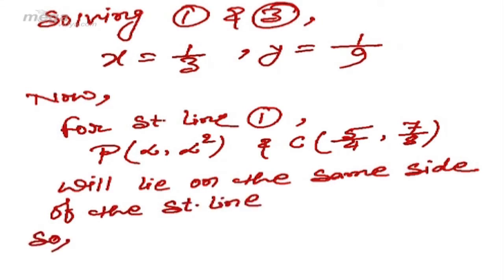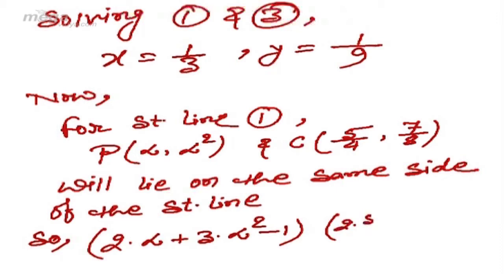So when you substitute the points P and C in the straight line 1, it will give the same sign. So 2 into alpha plus 3 into alpha square minus 1, and 2 into 5 by 4 plus 3 into 7 by 8 minus 1 will give the same sign. It means the product of these two should be greater than 0.